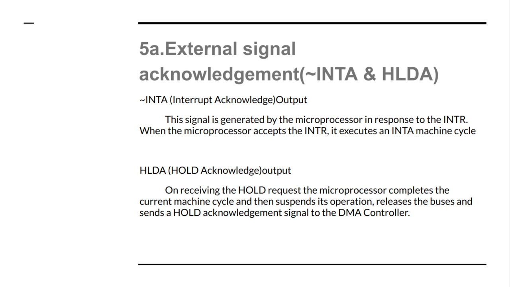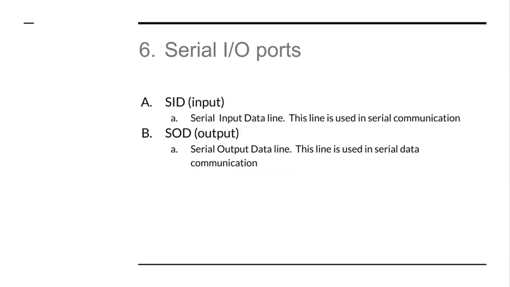On receiving the hold request, the microprocessor completes the current machine cycle, suspends its operation, releases the buses, and sends a hold acknowledgement signal to the DMA controller. So INTA bar is a signal which is used to say that it is ready for an interruption, and HLDA is used to tell the machine that it is now ready for a hold request.